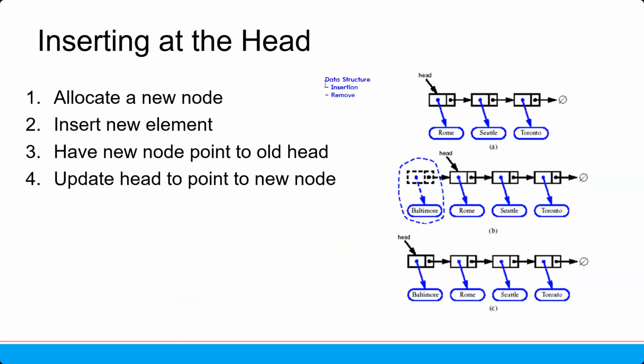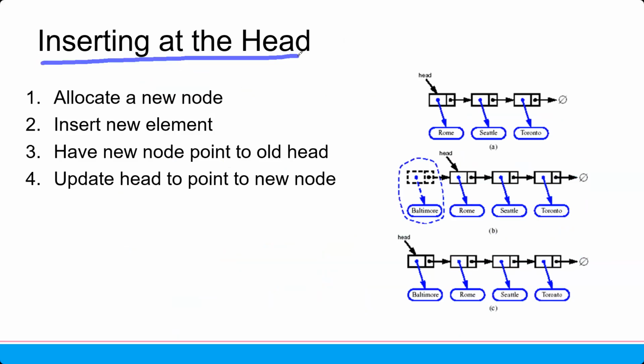Insert and delete. So you need to find out how to insert a new element and how to delete the element. If we want to insert a new element, we can insert at the head.